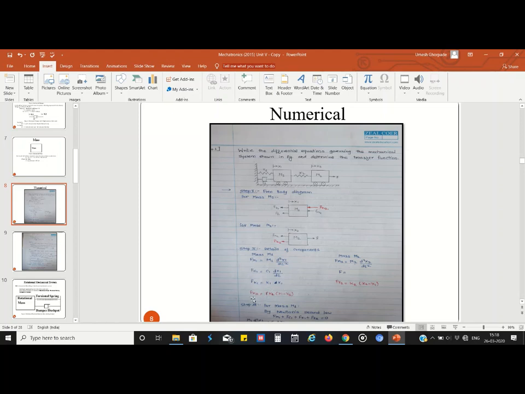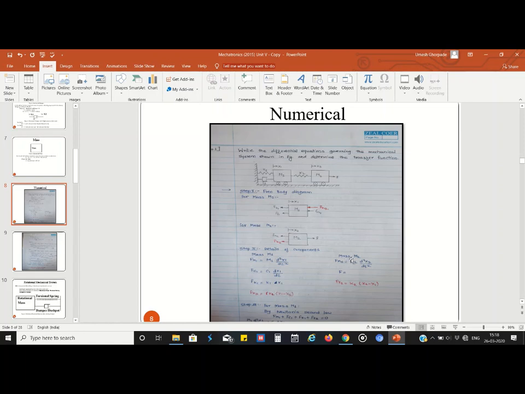So the special case is Fk2, because it is connected to the mass m1 and m2. When we consider the details of component for the mass m1, Fk2 is k2 into displacement of mass m1 minus displacement of mass m2, so k2 into x1 minus x2.